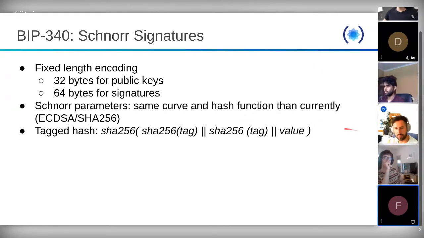Why are we concatenating it twice? Just probabilistically speaking, in case some other software today already concatenates its value with a hash of a tag, say for the P2P network, you don't want to have a collision. So in case some software already does this tag hashing with the same tag as Bitcoin, concatenating twice ensures it's not happening.